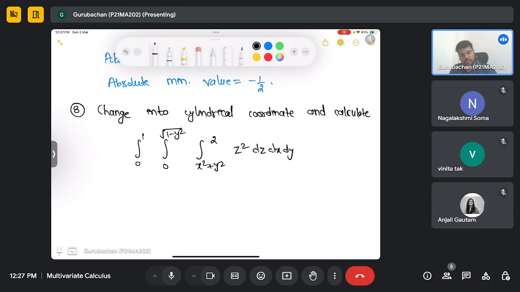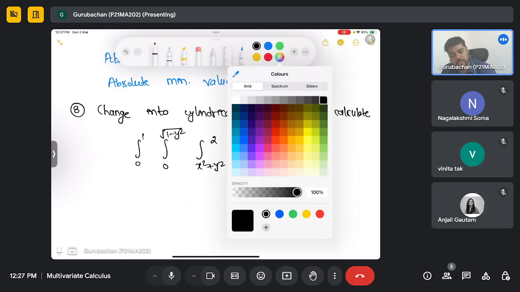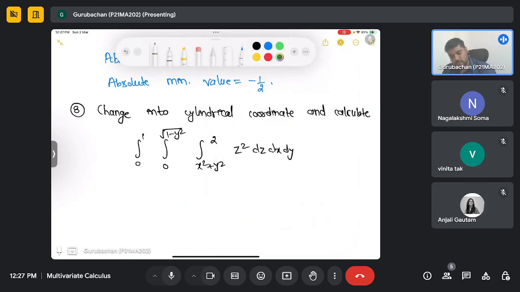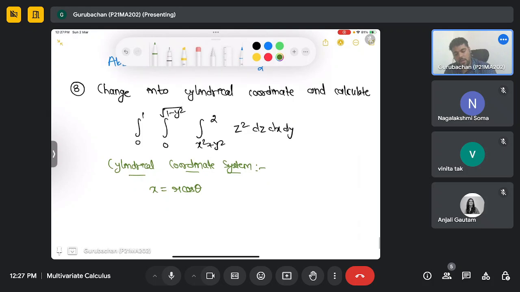So let me first mention what the cylindrical coordinates are, then you will first try yourself. What is the cylindrical coordinate system? x is r cos theta, y is r sin theta, and z will be the same as z. Now theta here is 0 to 2 pi.